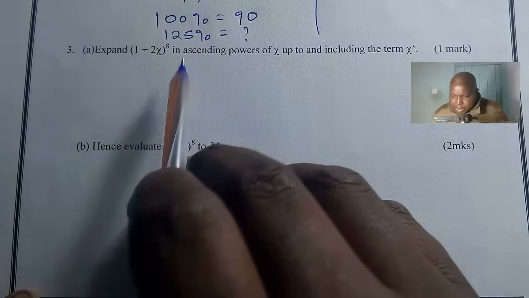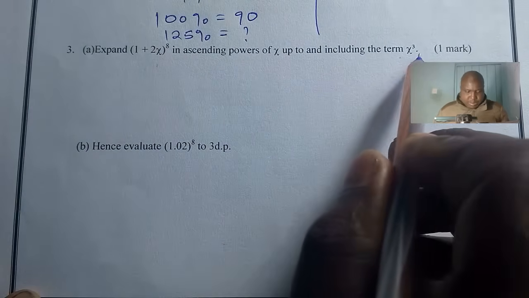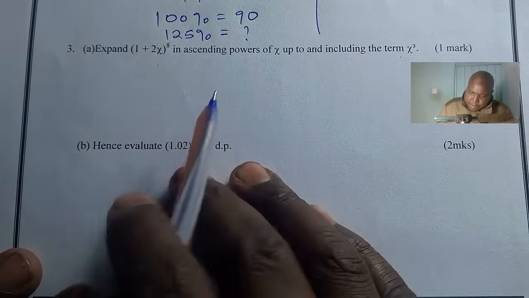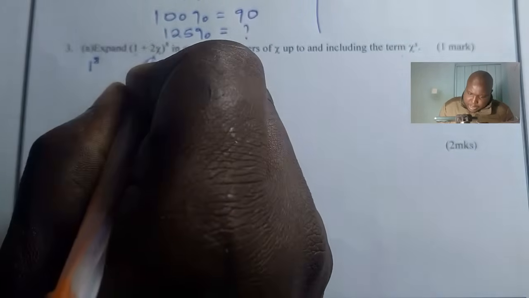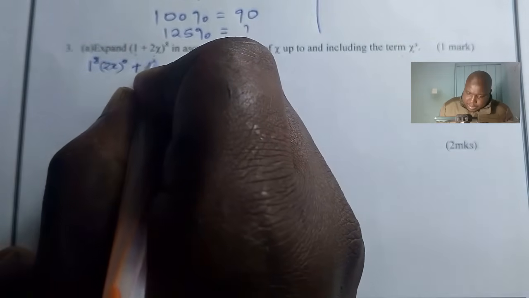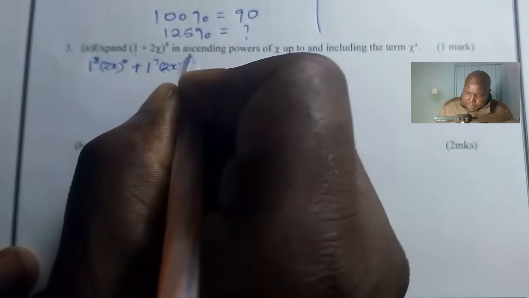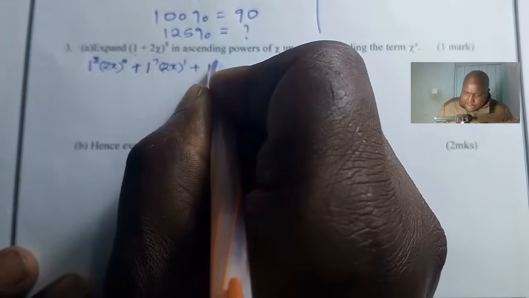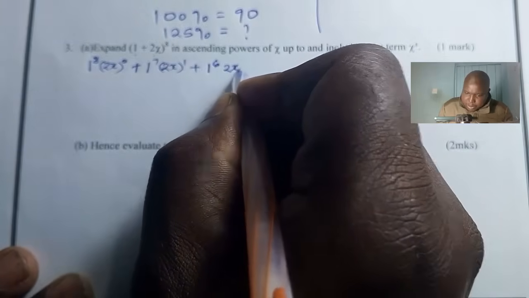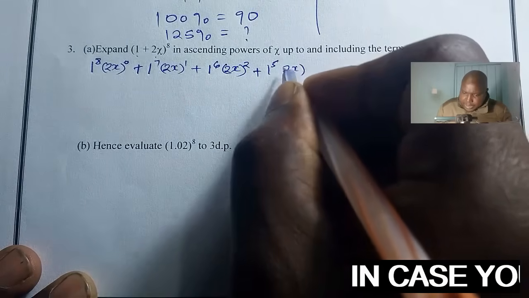Expand this in ascending powers of x up to and including x raised to power 3. So here we start with the first term, 1 raised to power 8, the second term 2x raised to power 0, plus 1 raised to power 7, the second term 2x raised to power 1, plus 1 raised to power 6, the second term 2x raised to power 2, 1 raised to power 5, 2x raised to power 3.